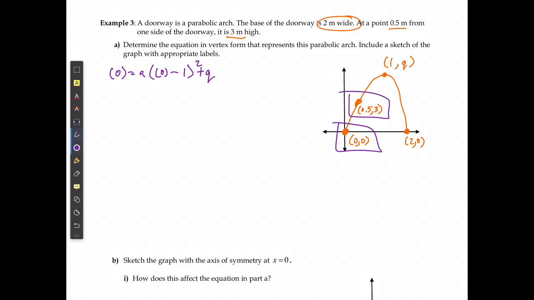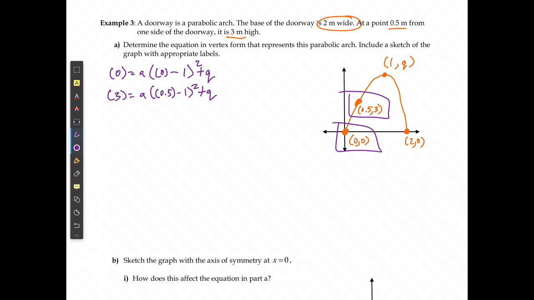I can't use 2 points that have the same y value. I can't use the 0, 0 and the 2 and 0 because my equation is going to cancel out and it's not going to allow me to solve for what the other one is. So I need to use 2 different y values. So I'm going to state that this one is going to be 3 is equal to a bracket 0.5 minus 1 squared plus q.